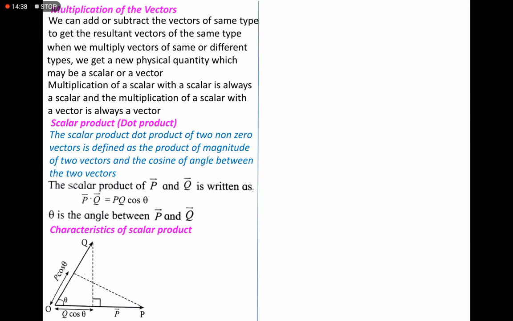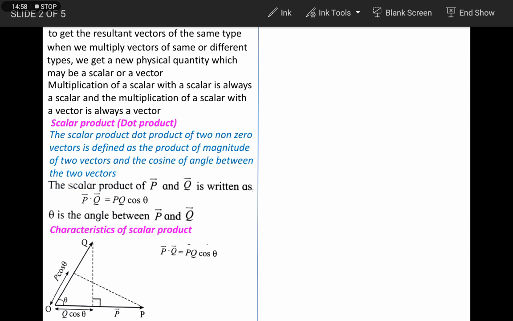I repeat, p cos theta is the component of vector p bar along q. Here vector q is this, and vector p is here. The component of p bar is along q as shown in the diagram.